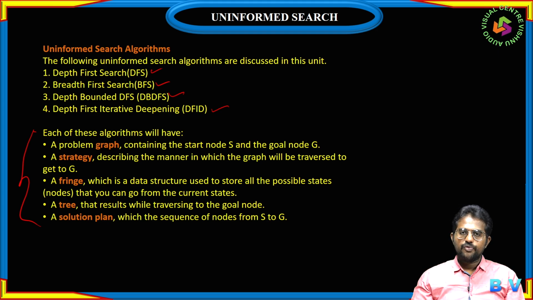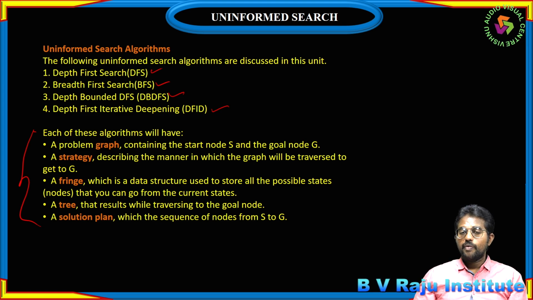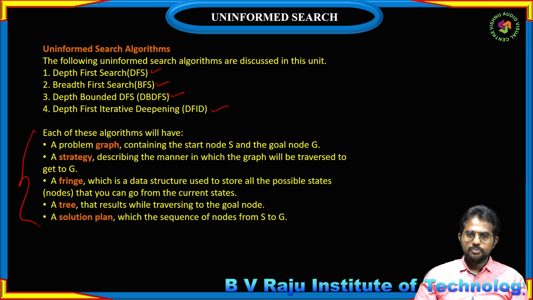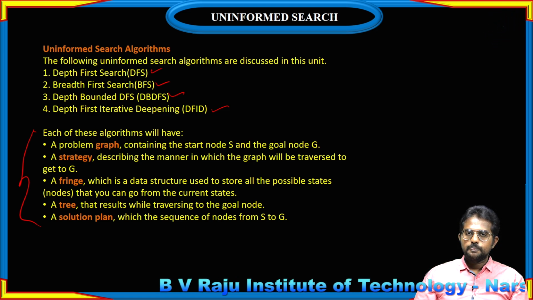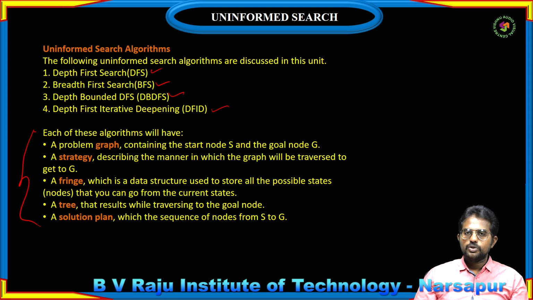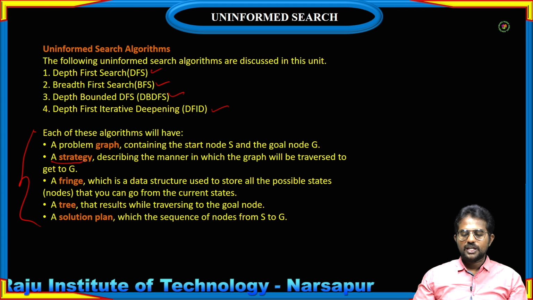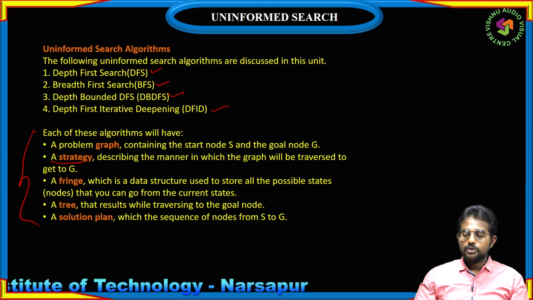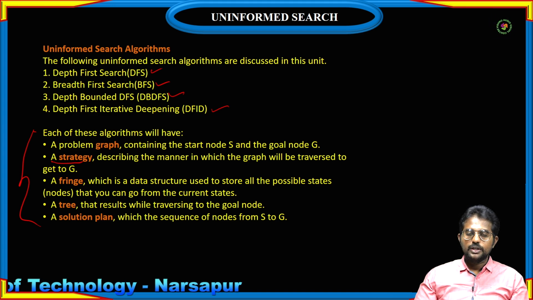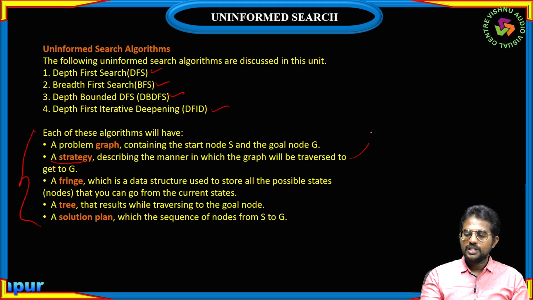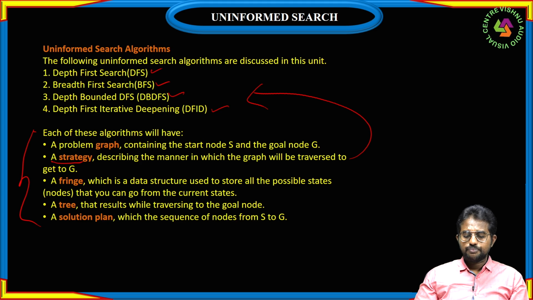In that graph we will have a starting node and a goal node, and also a strategy, so that based on the algorithm we get to the goal node using some condition. The strategy states how we traverse the graph so that we can get to G. This strategy will be different for these four algorithms.